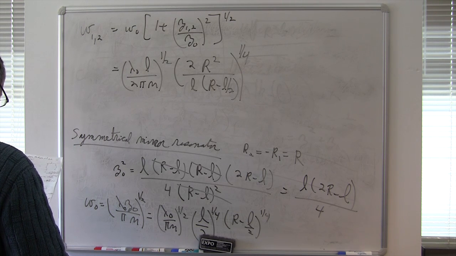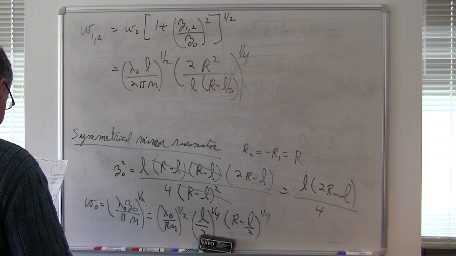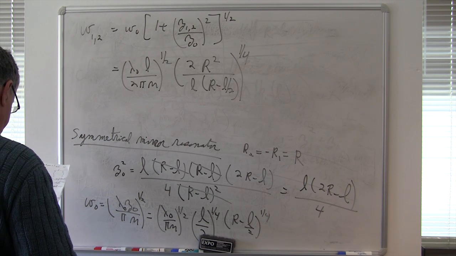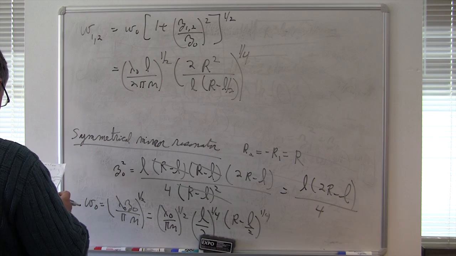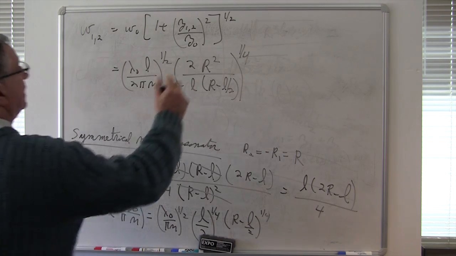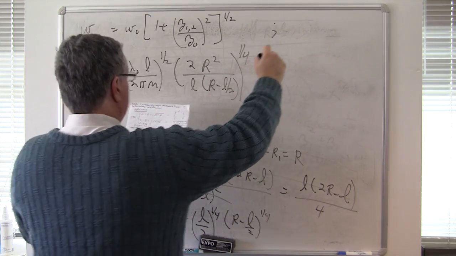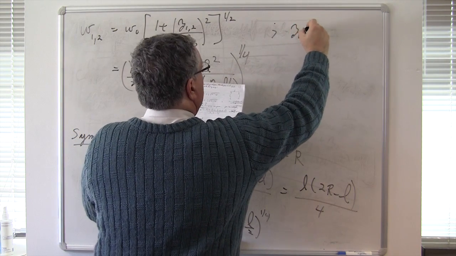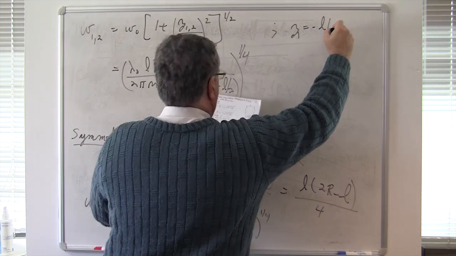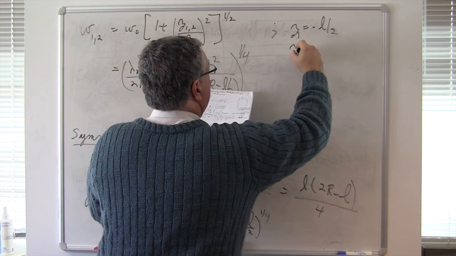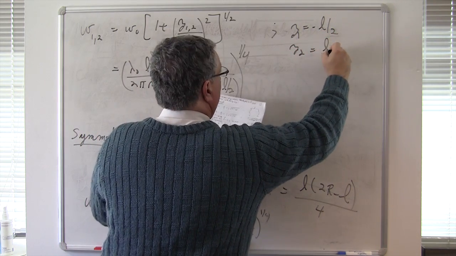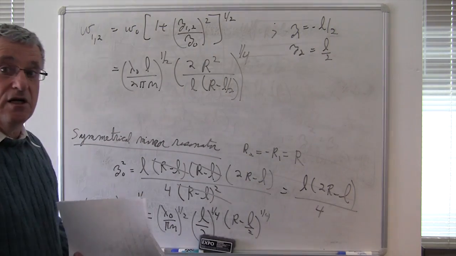Okay? So this is using, here in this expression, we got this expression here by using Z1 is equal to minus L over 2, and Z2 is equal to L over 2 for a symmetrical resonator.